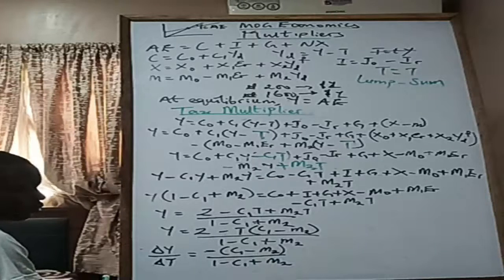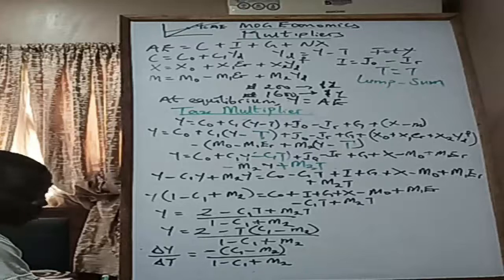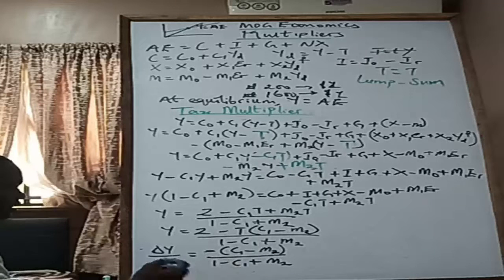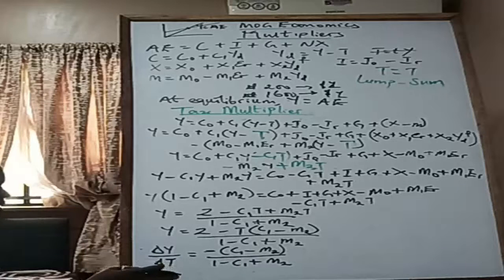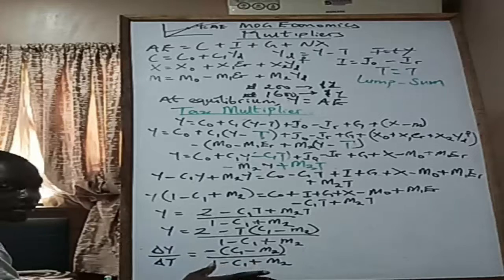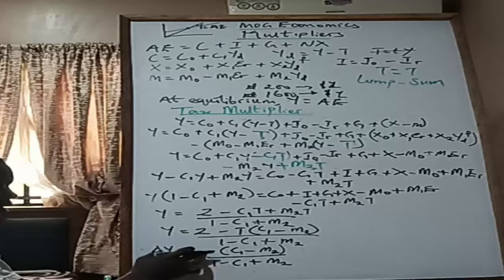Let's say minus 0.4 or something, and all of the denominator will be like 0.2. So minus 0.4 divided by 0.2 will give you minus 2. The implication of this is that the relationship that tax has with equilibrium income is inverse. That's why you have a minus here.